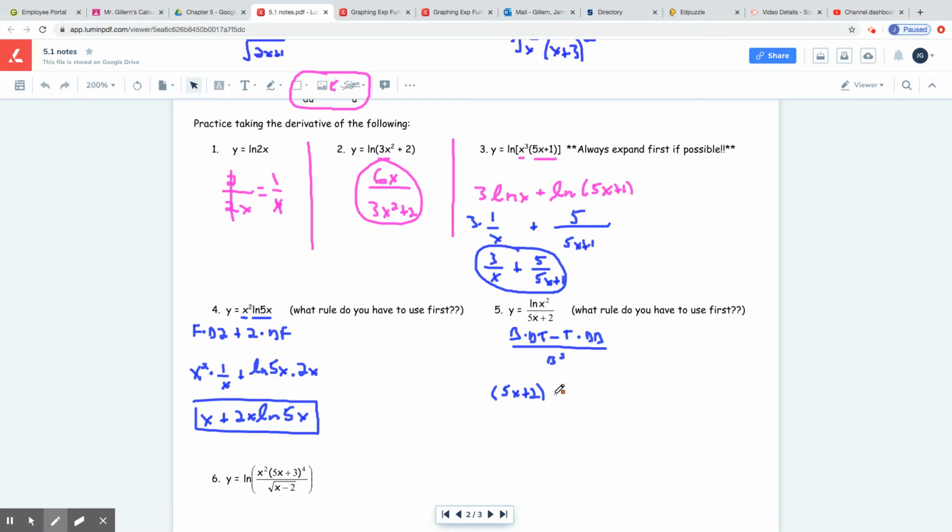What's the derivative of x squared? It's 2x over x squared. All right, it's 2x over x squared minus the top, which is the natural log of x squared, times the derivative of the bottom, which is 5x plus 2, which is 5, all over the bottom squared.